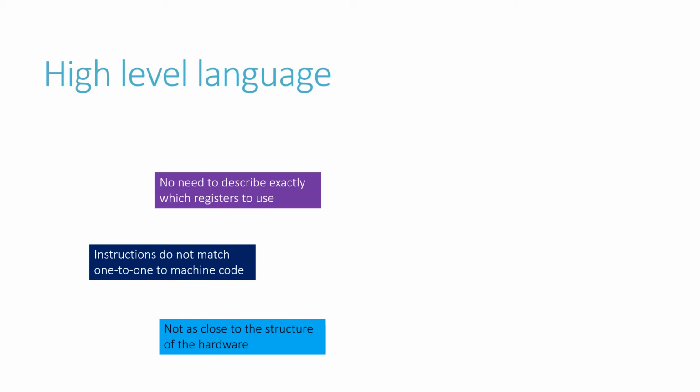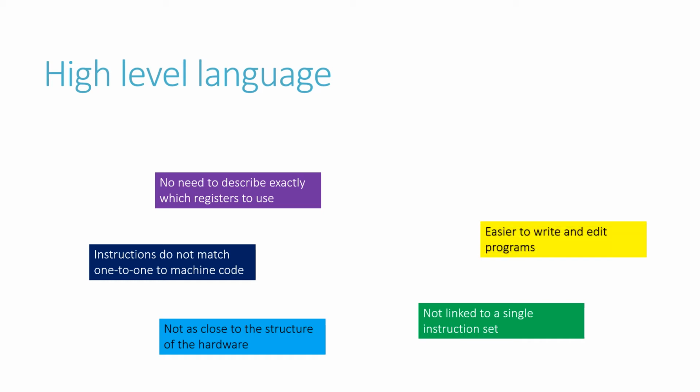We're not controlling the individual memory locations with the same close control that we have in a low-level language. And our program is not linked to a single instruction set. So if we write a Python program, we can then run it on many different sorts of computer and it will work on all of them. This wouldn't be the case with a low-level language.